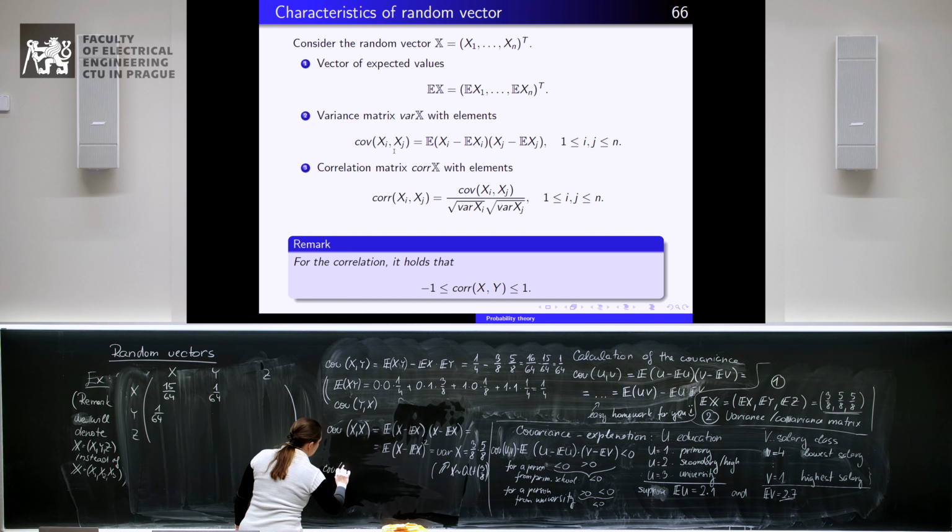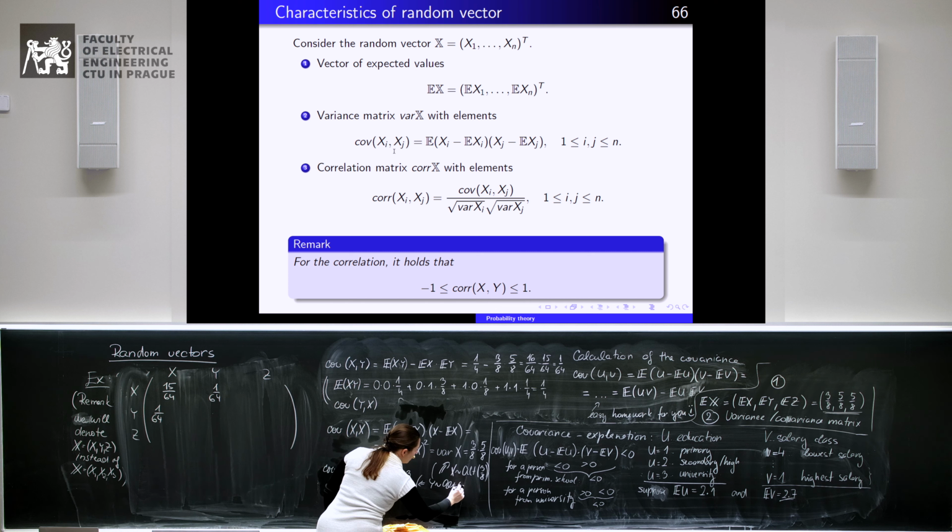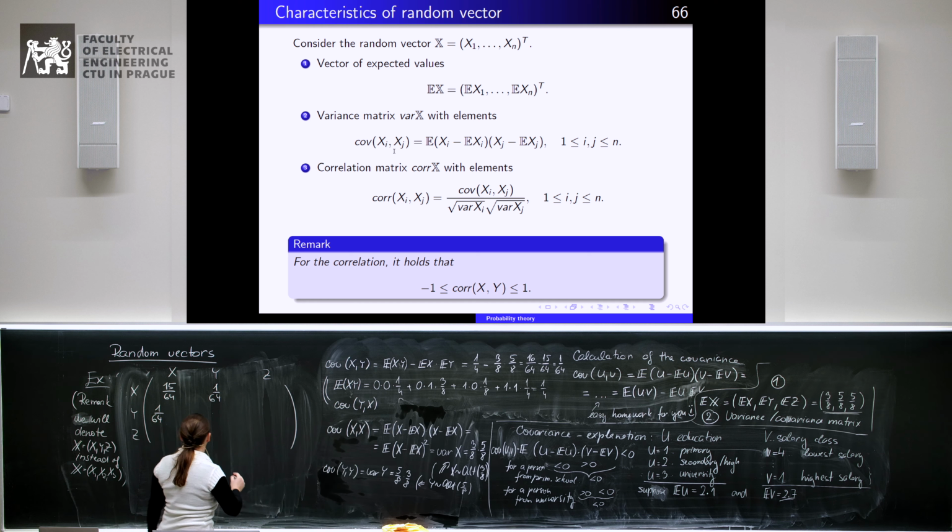Analogously, the covariance of Y and Y is equal to the variance of Y, which is 5 over 8 times 3 over 8, which follows from the fact that Y also has the Bernoulli or alternative distribution with the parameter 5 over 8.